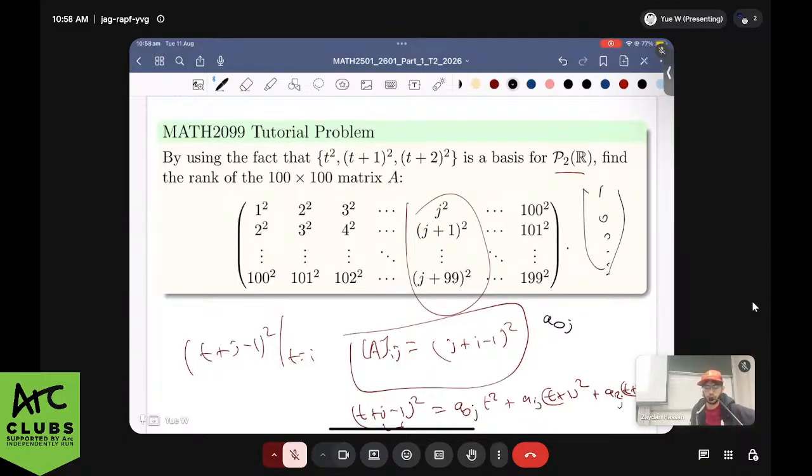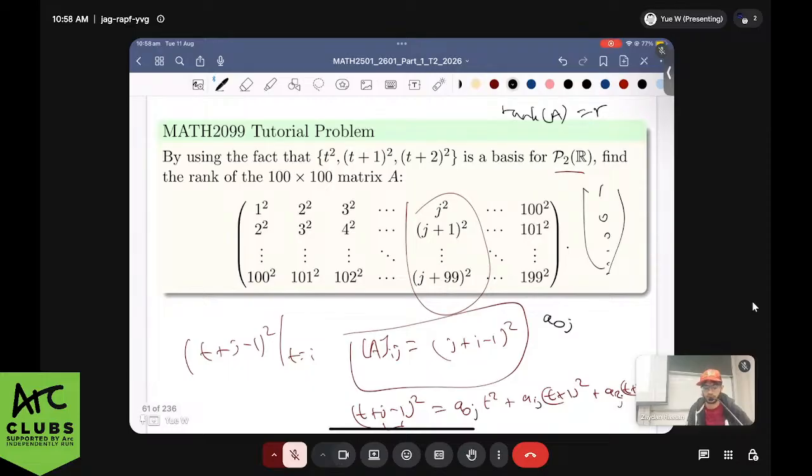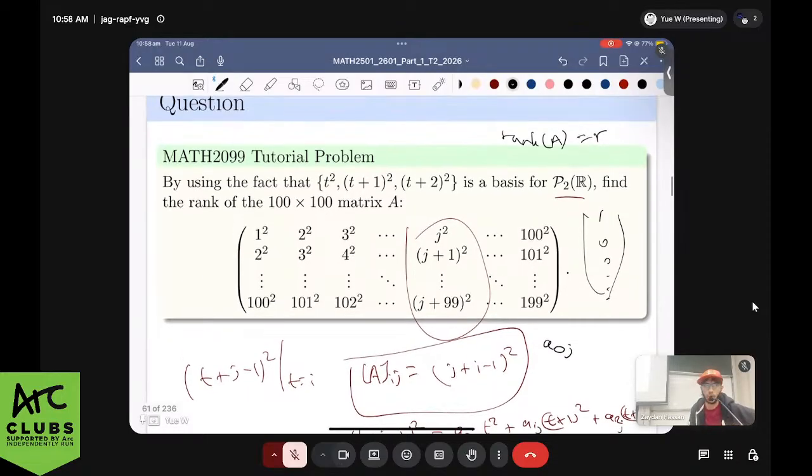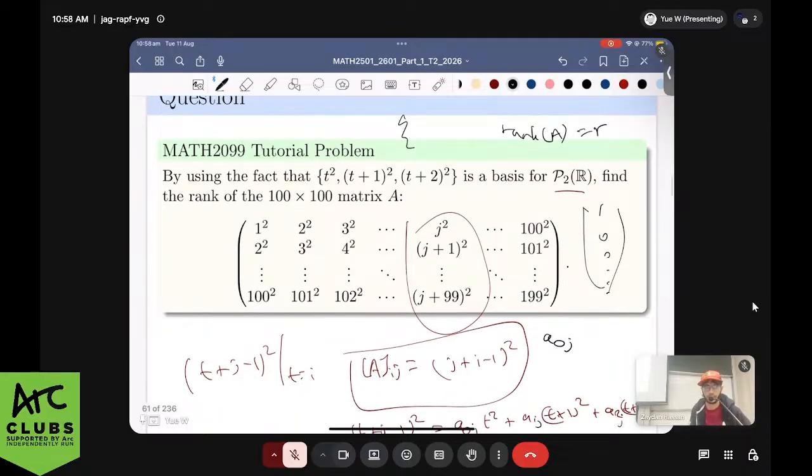In general, if you want to prove the rank is r, you could show that all the columns are in the span of some fixed r vectors, some actual known vectors. Then the rank would be at most r. If those r vectors are independent, then the rank has to be r.